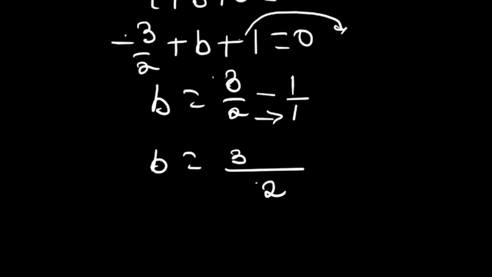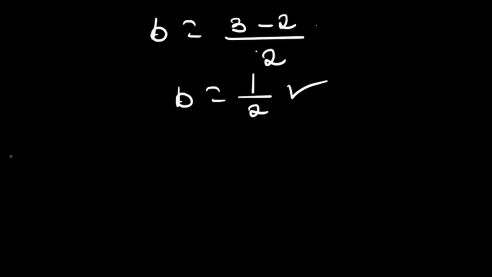Now, next up, 2 divided by 1 gives us a 2, and then 2 times 1 is equal to 2. So let's now subtract them since we now have a common denominator. We now say that b is equal to 3 minus 2 gives us a 1 over 2. Hence, this is the value of b.